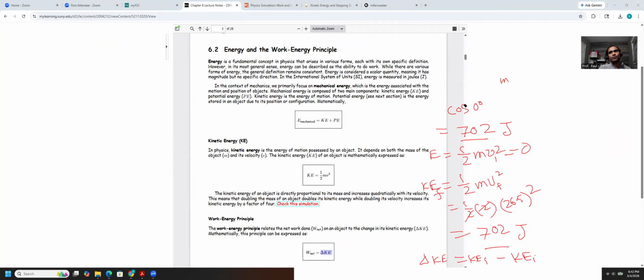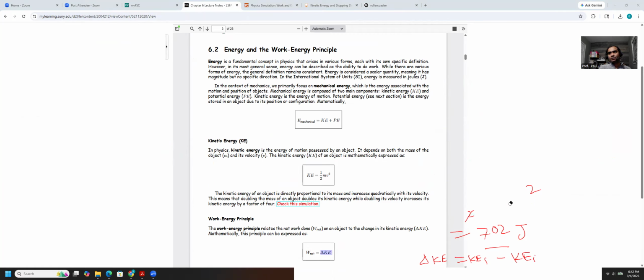The equation in the bottom. Okay, so this is the equation. Net work done is equal to change in kinetic energy. All right.